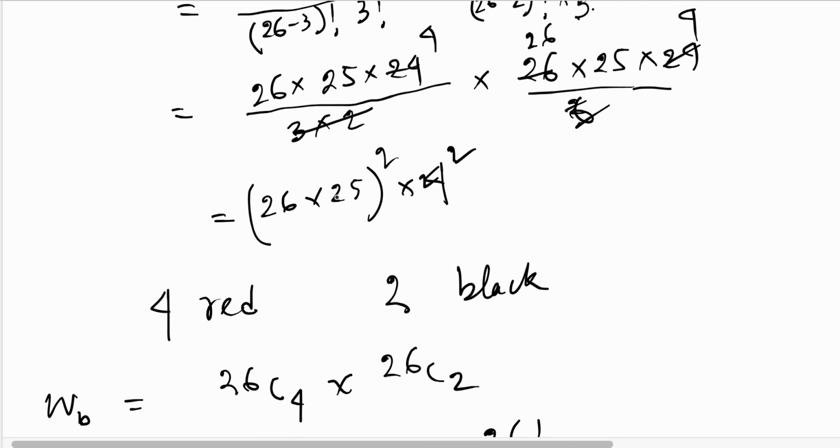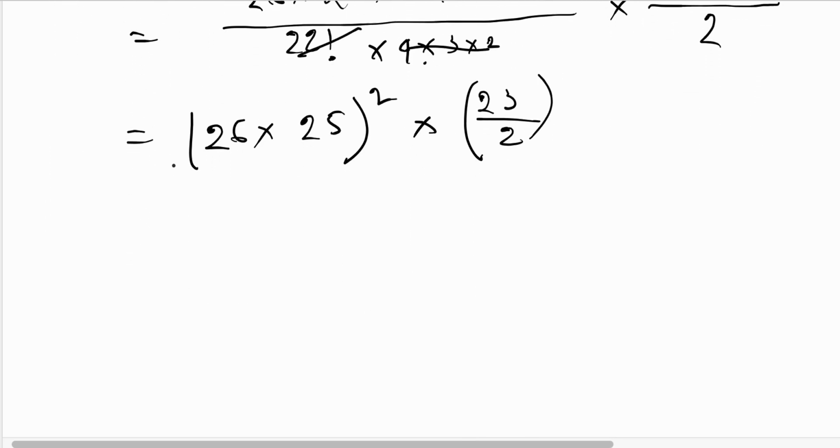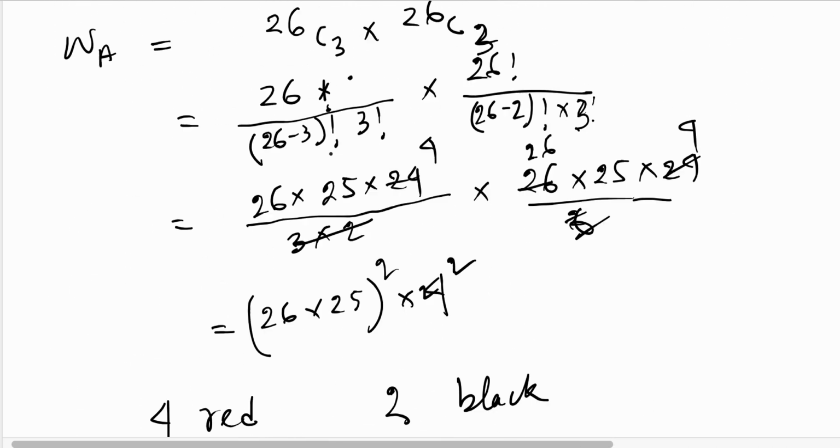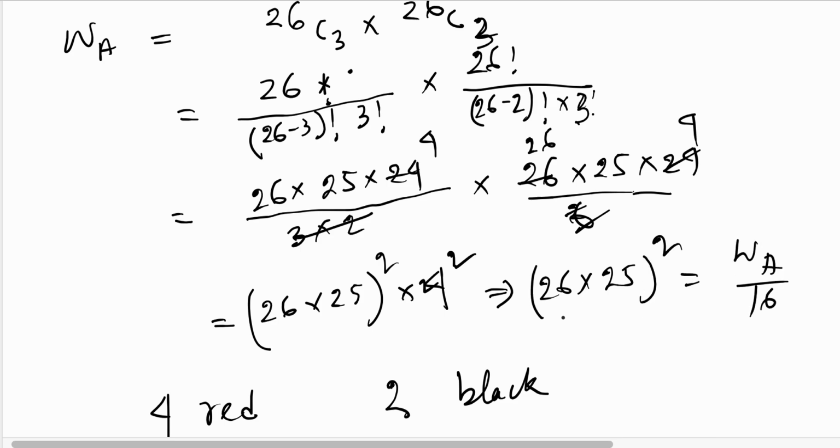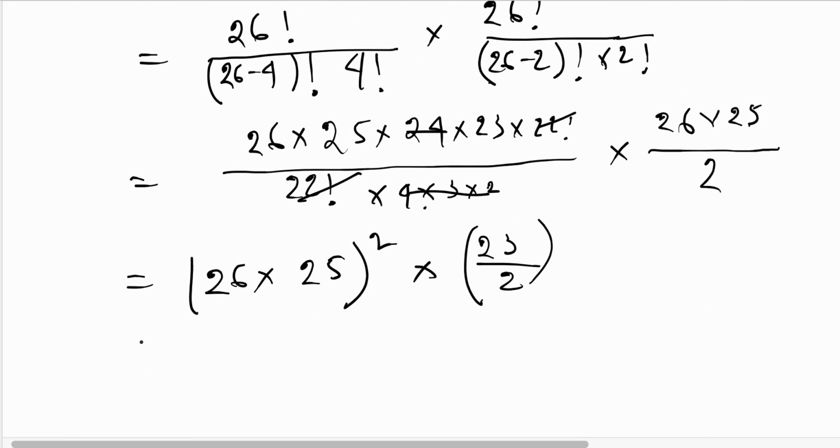So now if we compare these two numbers, 26 into 25 is actually omega A by 16, so omega A by 16 into 23 by 2.